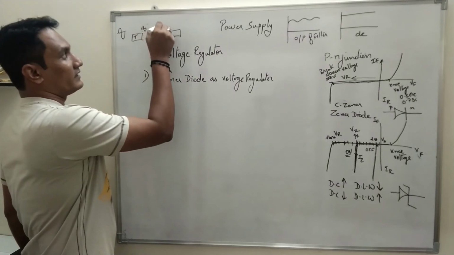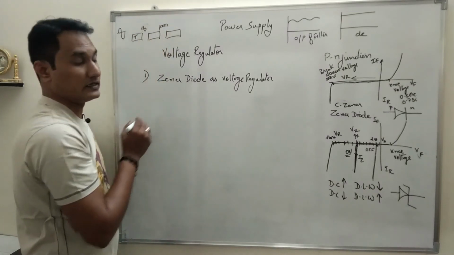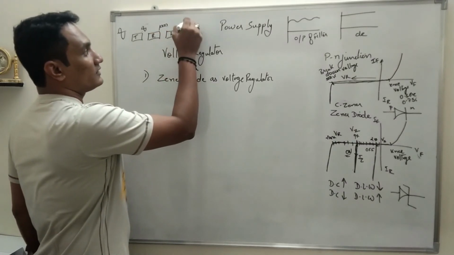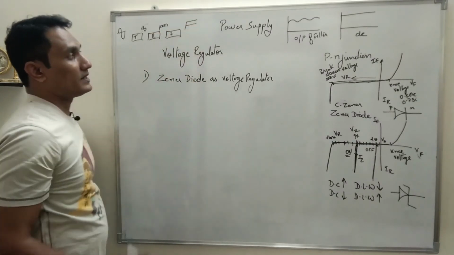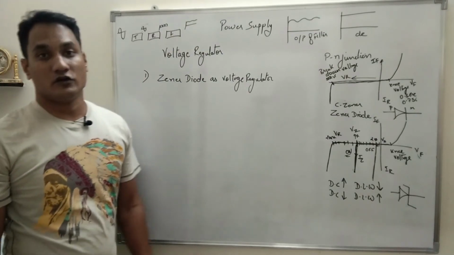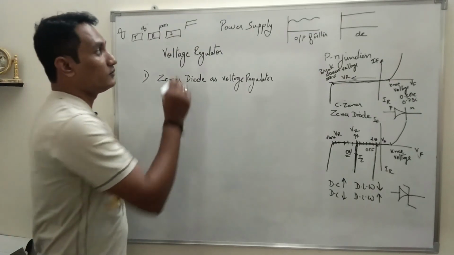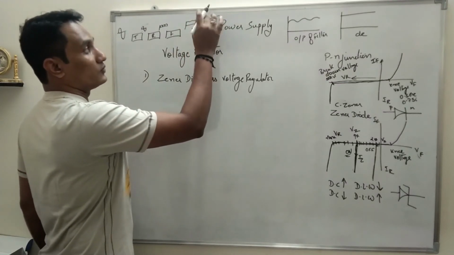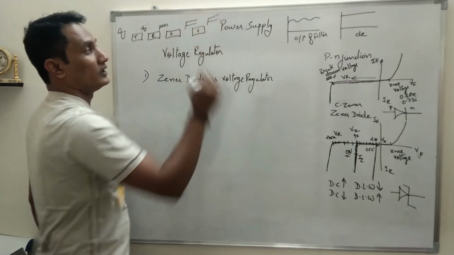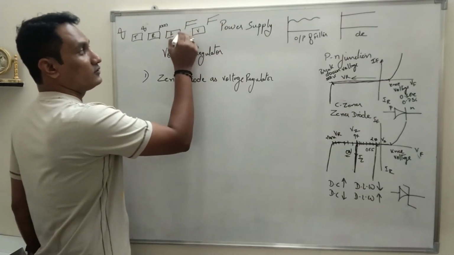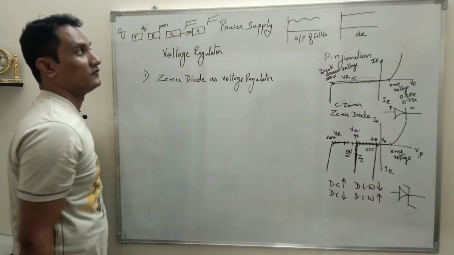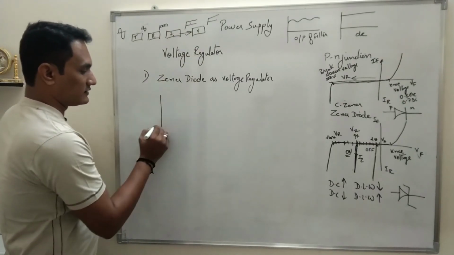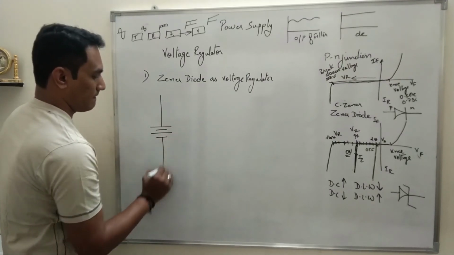Then the rectifier converts AC into DC, but it is a fluctuating DC. The filter bypasses the AC component and produces almost pure DC across its output. But what we want now is a voltage regulator which makes the output voltage constant. So for the voltage regulator, the input will be coming from the filter. So let us draw a circuit diagram.